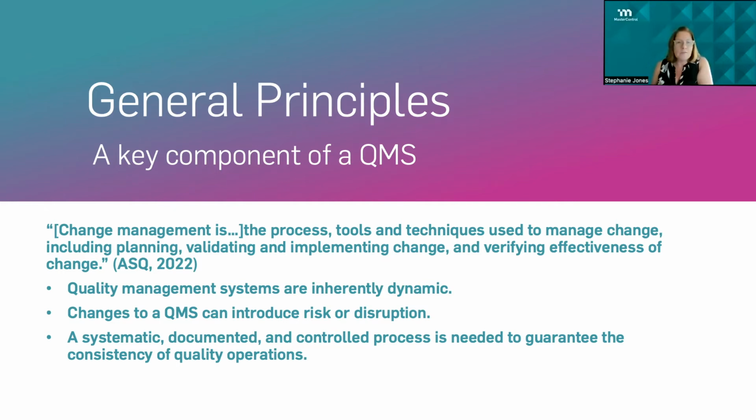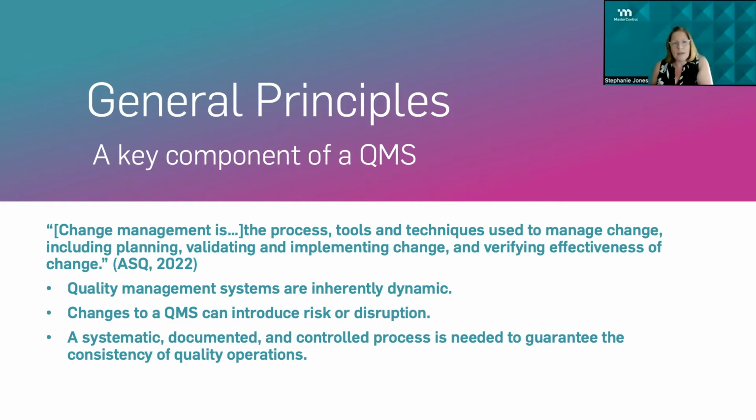So, one of the things that we know as life sciences or quality individuals is that quality management systems are not static. They are living, breathing, constantly changing, and therefore we need change management. We also know that change, whether it's to your QMS or to any other aspect of your organization, brings with it risk and, of course, disruption.